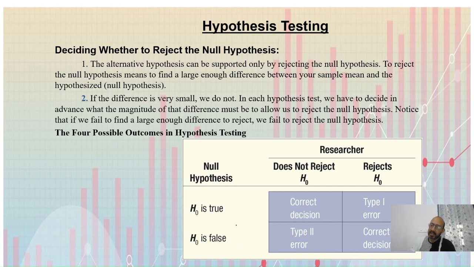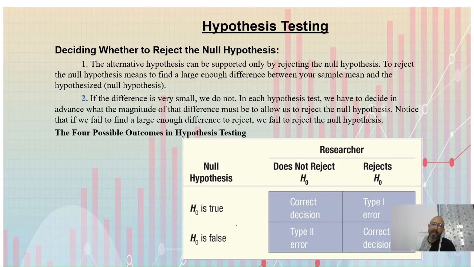If the difference is very small, we don't. In each hypothesis test, we have to decide in advance what the magnitude of the difference must be to allow us to reject the null hypothesis. If we fail to find a large enough difference to reject, then we have to accept the null hypothesis.